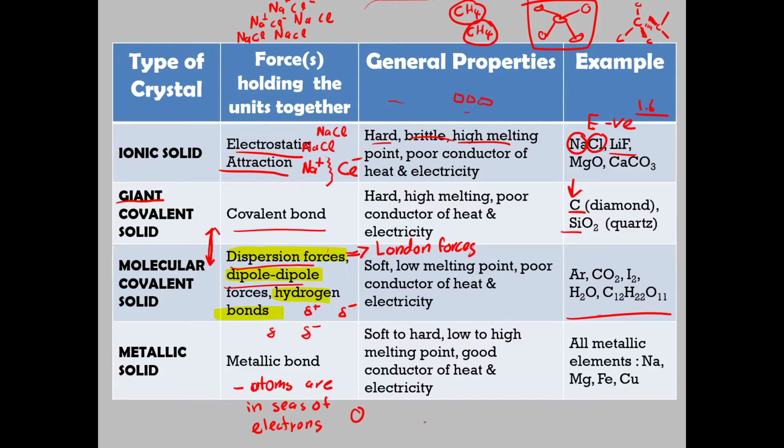Dia boleh gerak from one atom to one atom to another atom. This electron dia boleh gerak freely, whatever dia nak pergi.